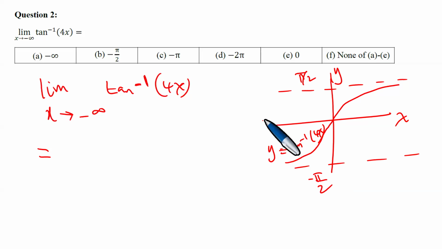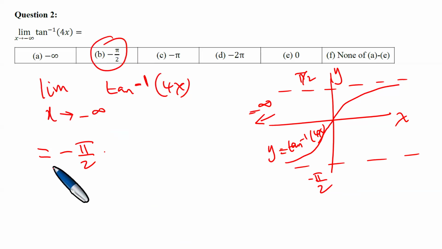If we are progressing in the negative infinity direction, you would see that the graph approaches minus pi over 2, so the limit becomes minus pi over 2 radians, and therefore the answer would be part B.